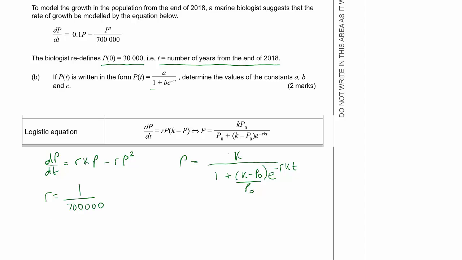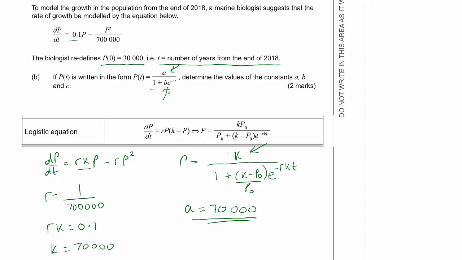Now also comparing here and here, we can see that rk is equal to 0.1. Well, that would tell me that k is equal to 70,000. So we can see the k is here, same as the A, so that's given me that A is equal to 70,000. So that's one of the values.